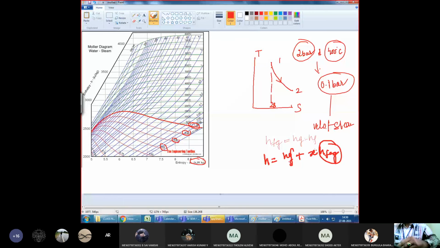So we use these formulas, or else directly we can use the Mollier diagram.